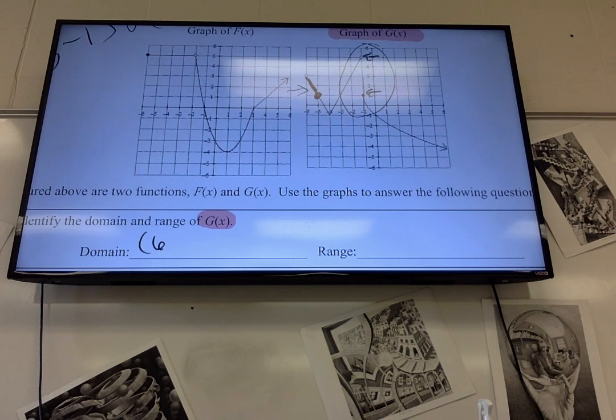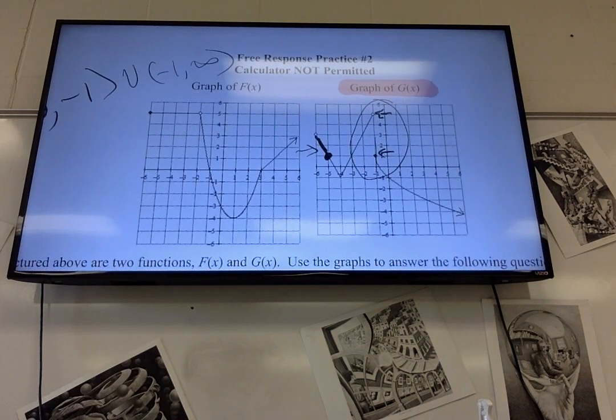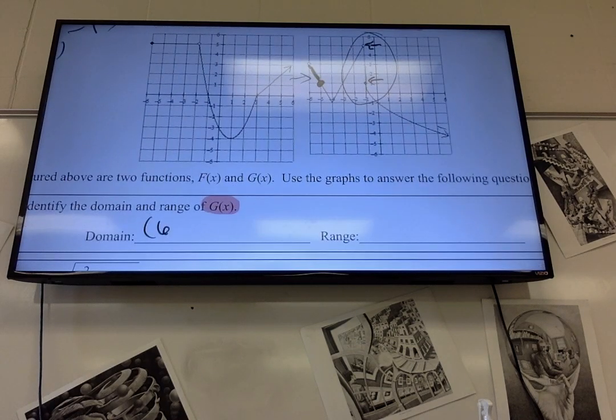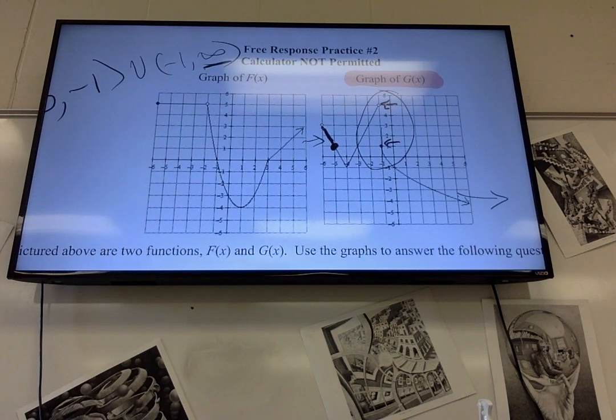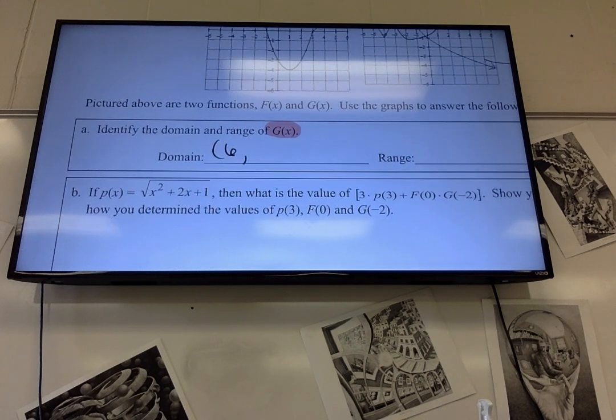Yeah, it does. If it ever includes -1, then it includes -1. And it does go to the right forever, so it does go to infinity. So actually the way I should write this is from, oops, that should have been -6 to infinity.